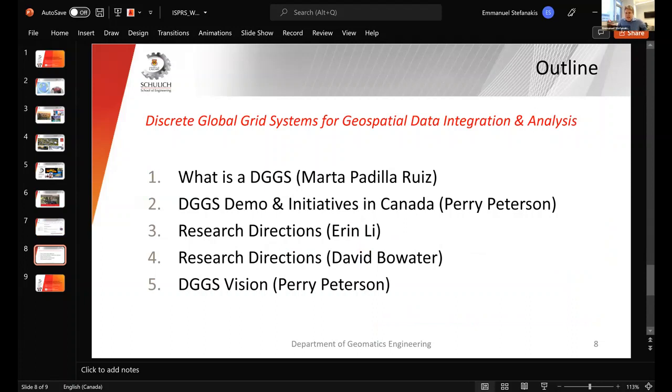So here is the outline of 5 presentations given by our speakers. We are going to start with Marta presenting what a discrete global grid is. Then Perry is going to give a demo with some Canadian data and show how we can manage, visualize, and analyze data using discrete global grid systems.